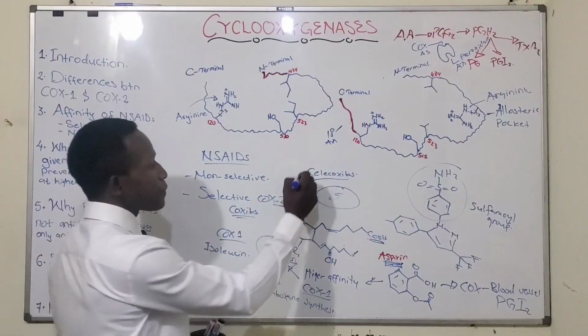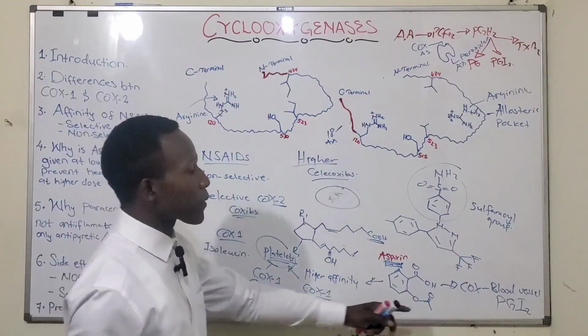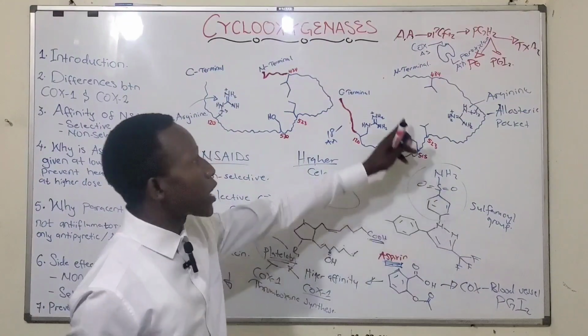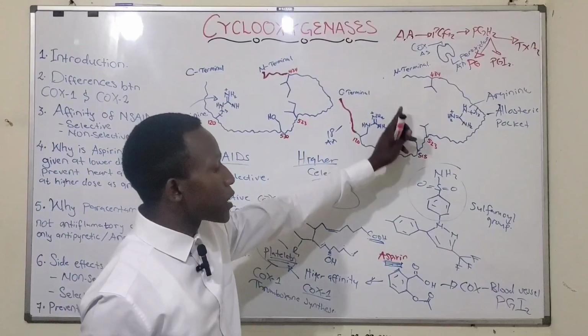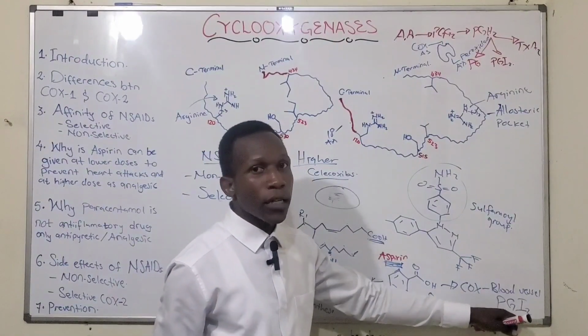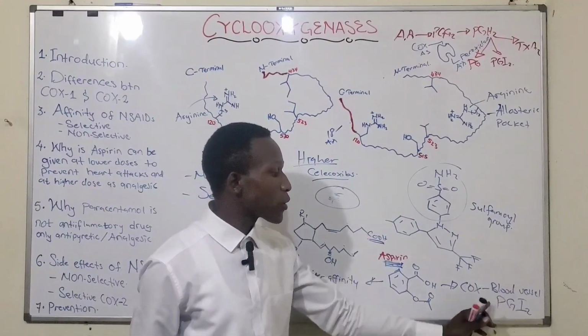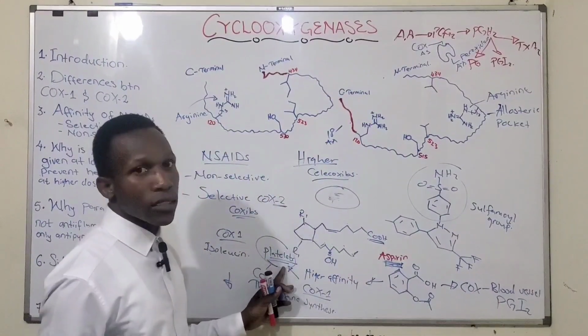But at higher doses, the COX2 can also be inhibited, meaning that the inhibition of prostacyclin will be higher than the formation of new prostacyclin in the blood vessel, which antagonizes the effect of the platelets.